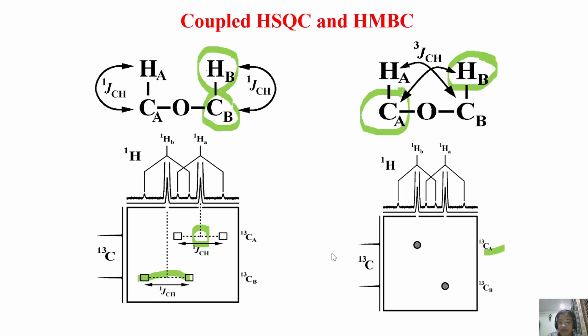As a consequence, in the carbon 13 dimension, at the chemical shift of carbon A, you saw a cross peak at the chemical shift of proton B. In the direct dimension, you see it is the chemical shift of proton B. And the cross peak was seen at the proton position of B at the carbon chemical shift position A in the carbon dimension. Similarly, for carbon B, the cross peak was seen at the position of proton A.